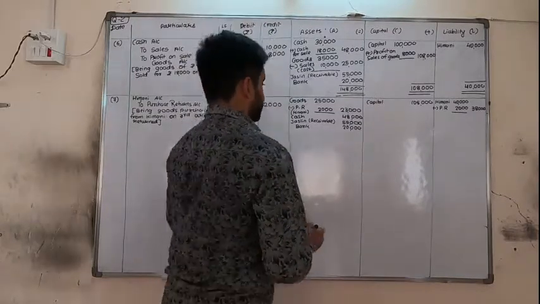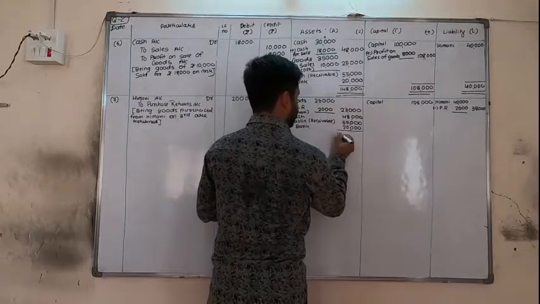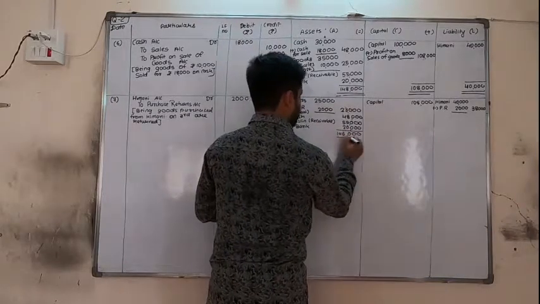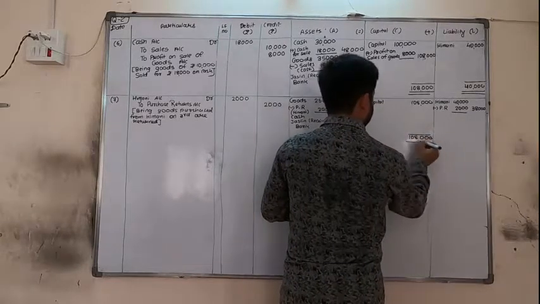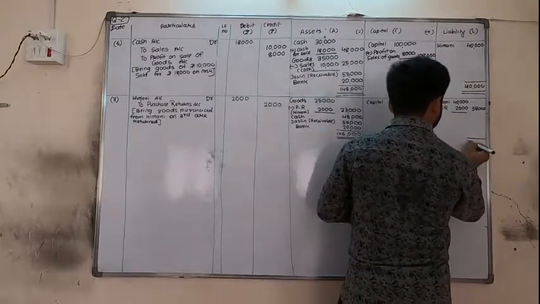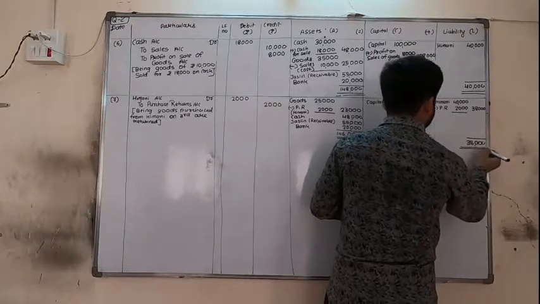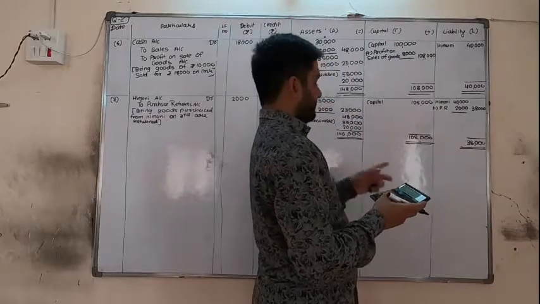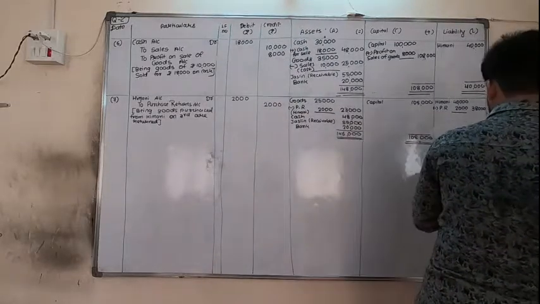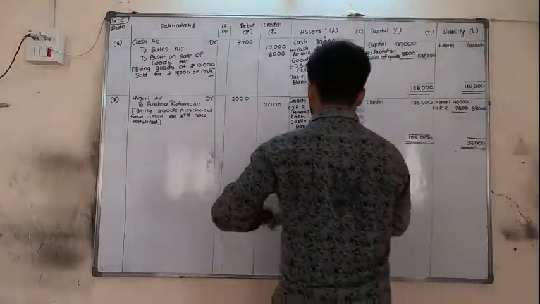It's 1,46,000. Here it will be 1,08,000. Here it would be 38,000. So let us check again: 1,08,000 plus 38,000 is 1,46,000. So again we are correct.